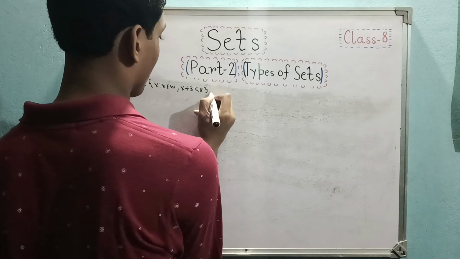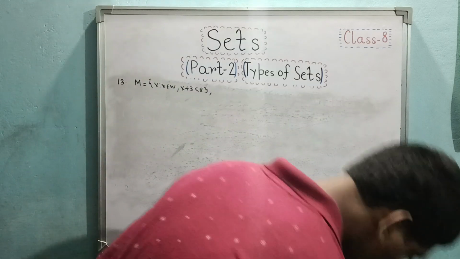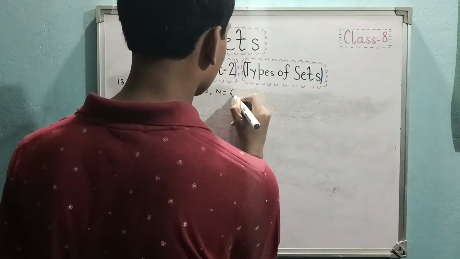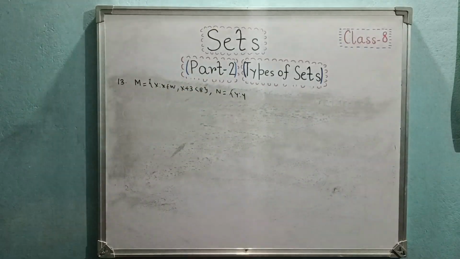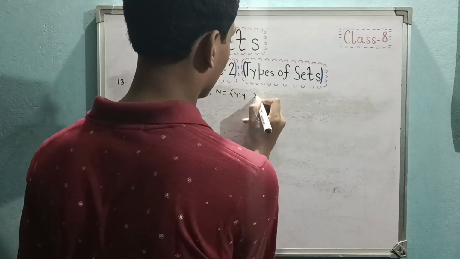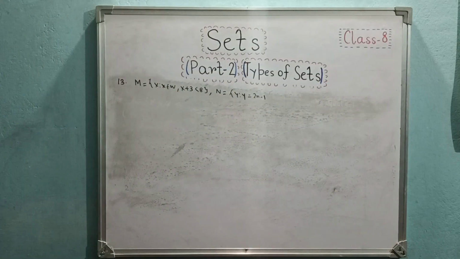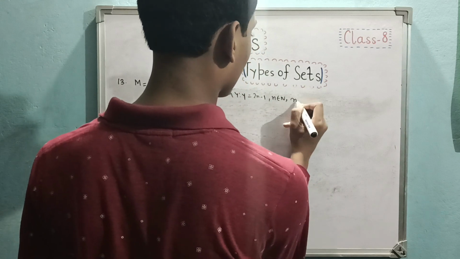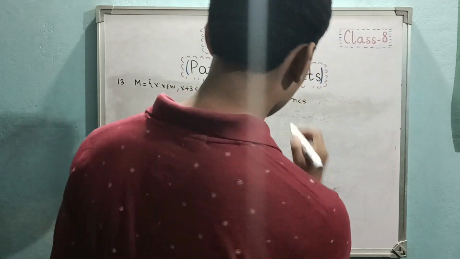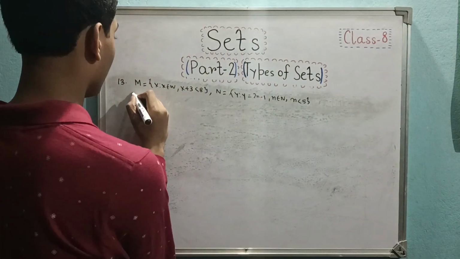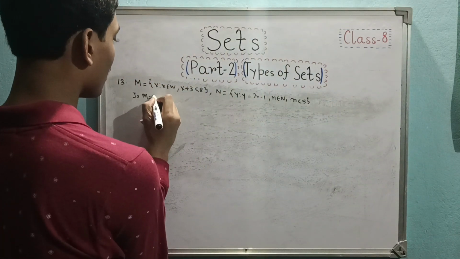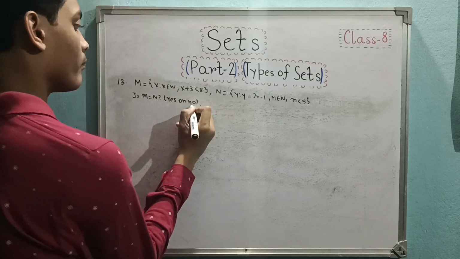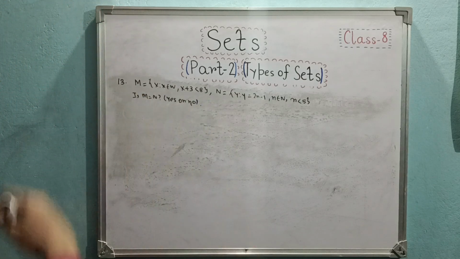I also have a set N which is given by {y such that y equal to 2n minus 1, n belongs to natural numbers, n is less than 5}. We have to check, is M equal to N? Yes or no? Means we just have to check if they are equal or not.